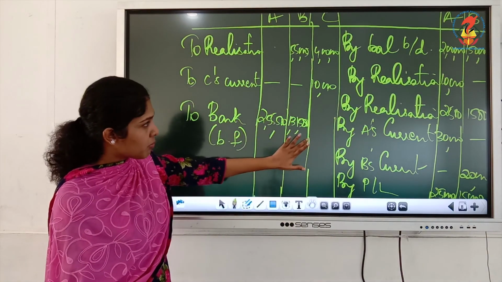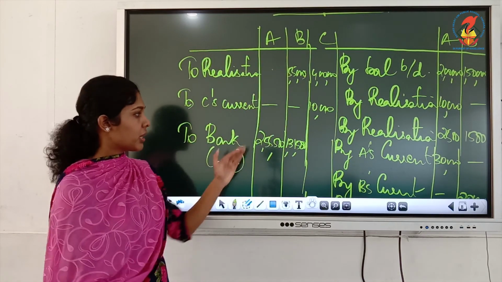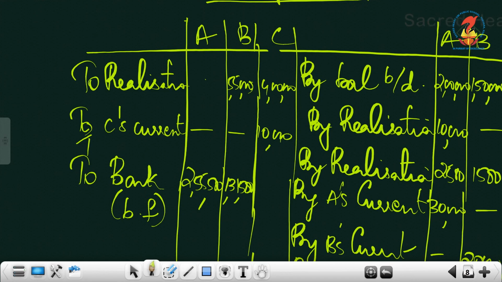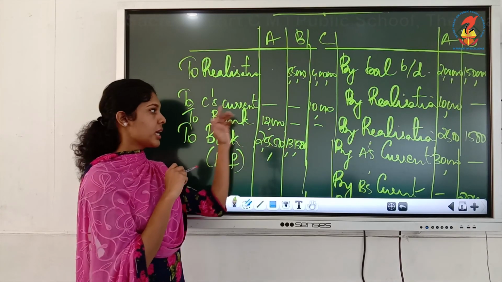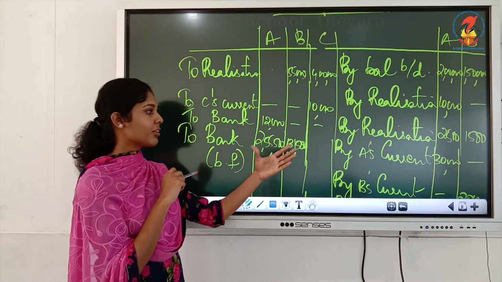We didn't write that because we didn't post that entry anywhere in previous accounts, but it should come here in partners capital. The entry we discussed already, A's capital debtor to cash or bank. You remember that 12,000 amount A is supposed to bear. So A's capital must be debited. Then only you will get the balancing figures actually.